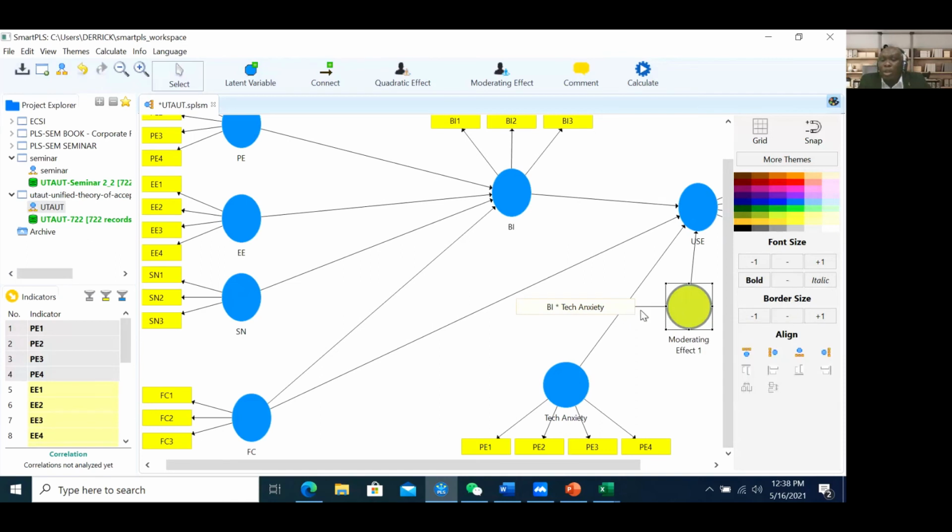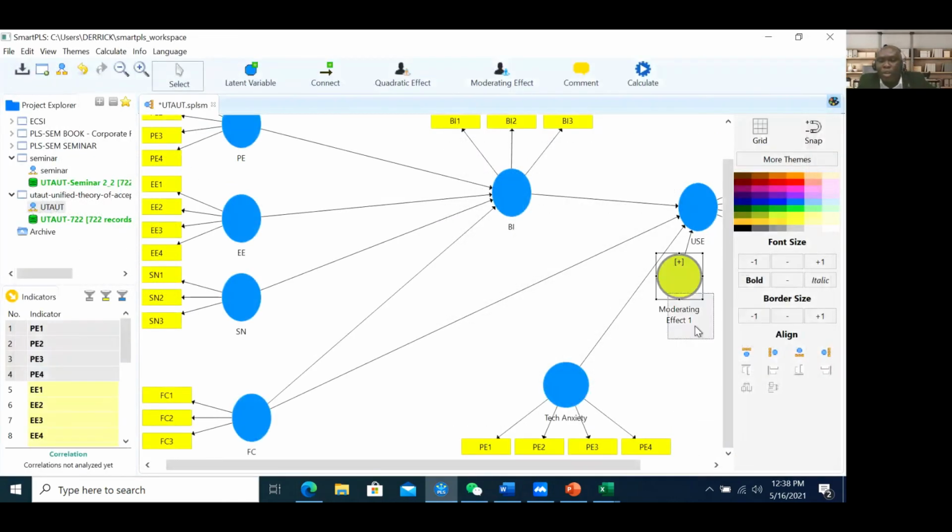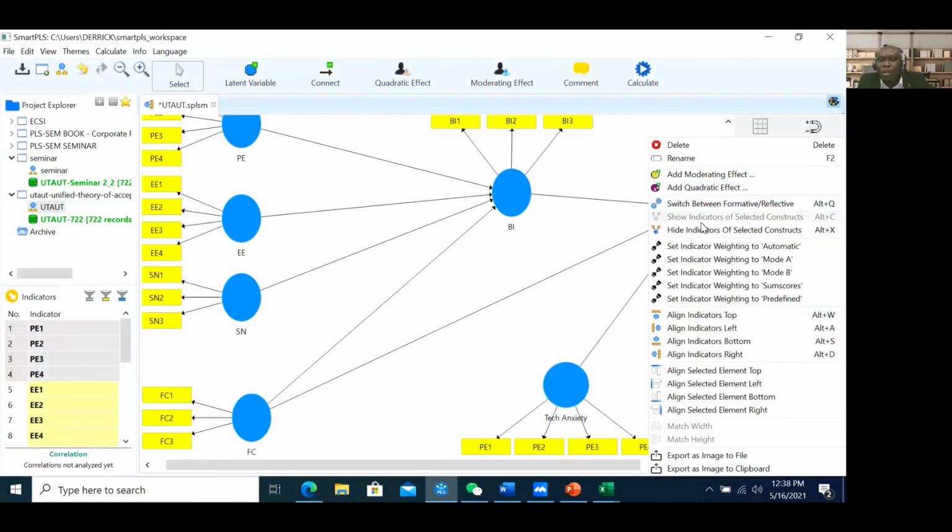Now, let's delete this and then see what the product indicator does. BI. Good. Product indicator. Good. We come here. Let's show.